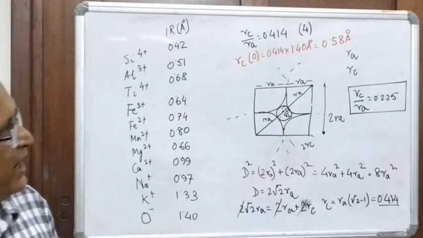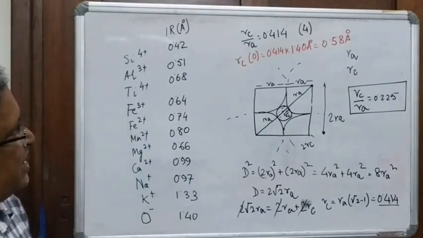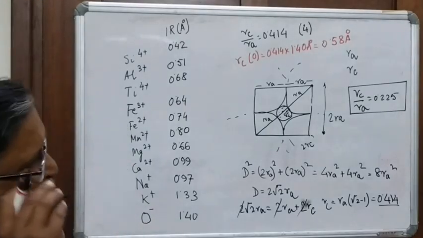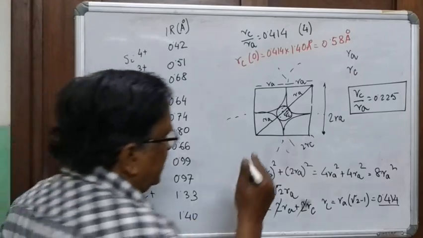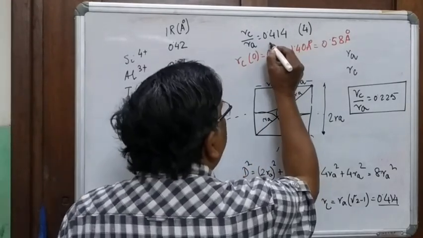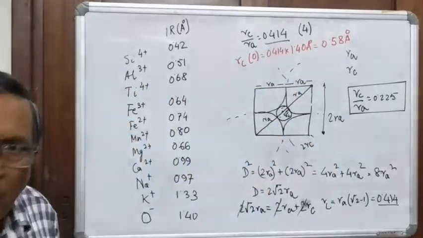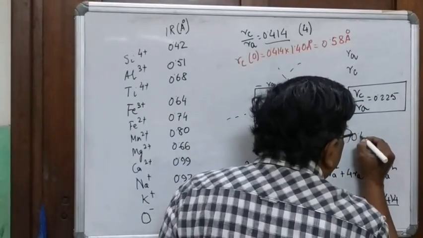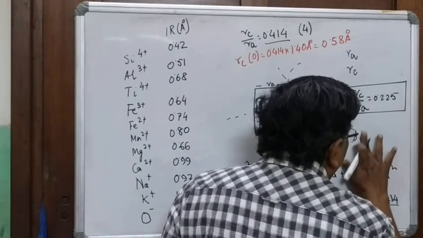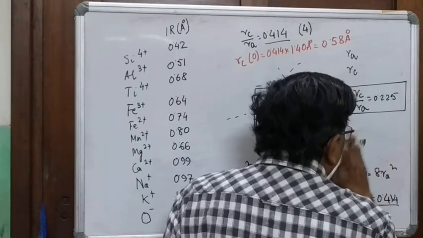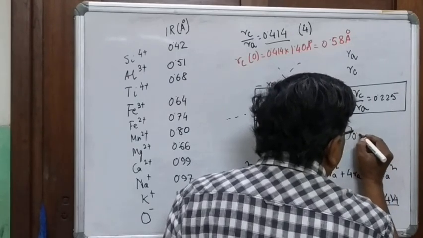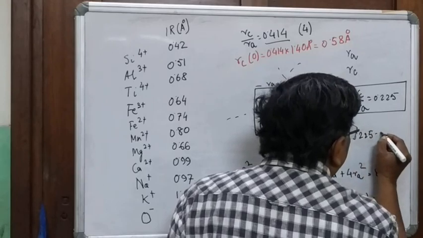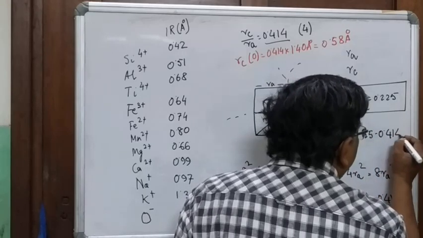But what I am trying to say here that is important is that for 4-fold coordination, the range is therefore not only 0.414, but it can also range from 0.225 to 0.414.